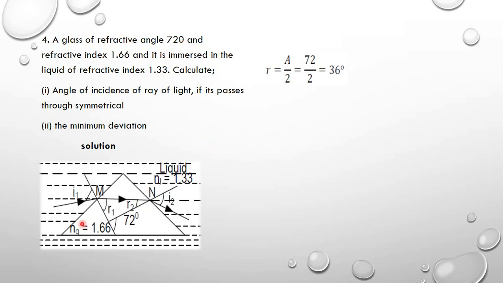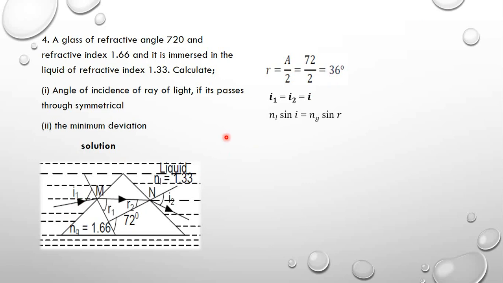And then we shall apply Snell's law at this point. You can apply Snell's law at M, since we know I1 is equal to I2, which is equal to I. So I is actually what we are looking for. We are looking for this I. So we shall replace this with I, and we shall replace that with I and apply Snell's law.